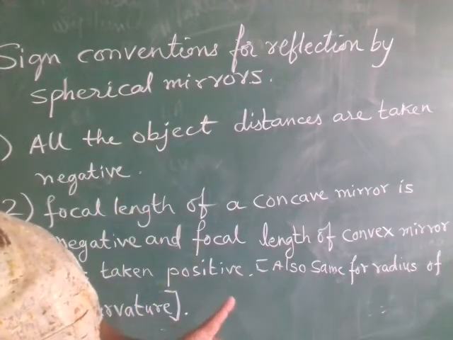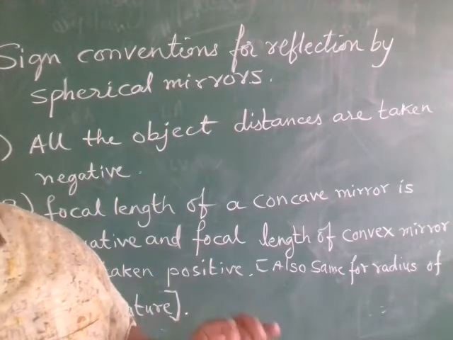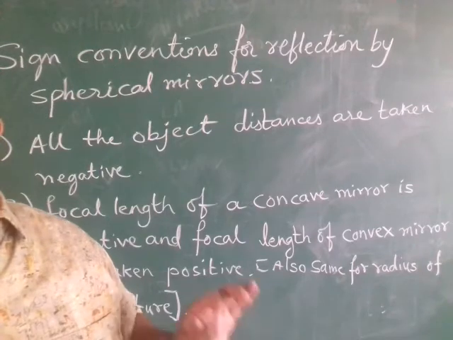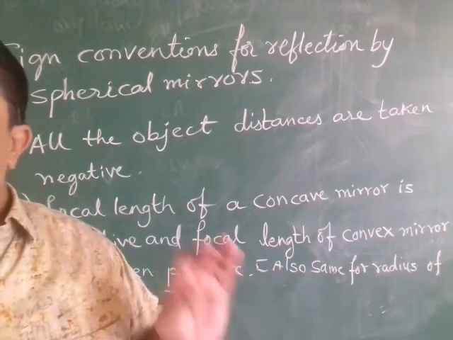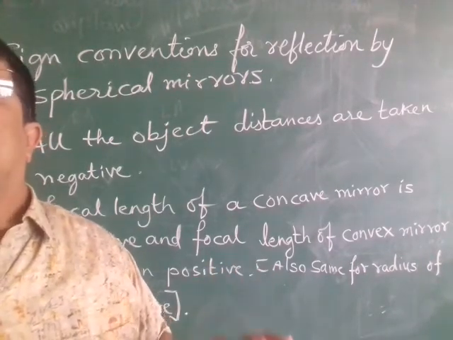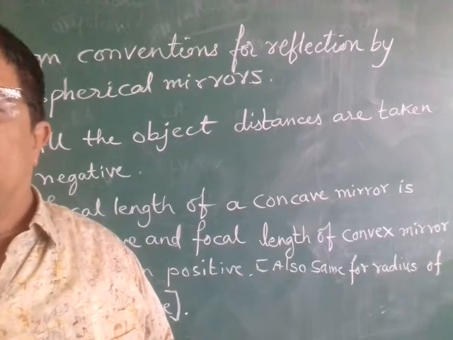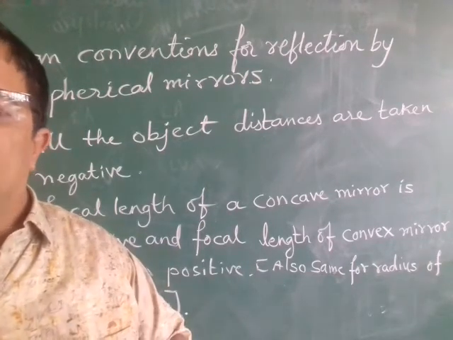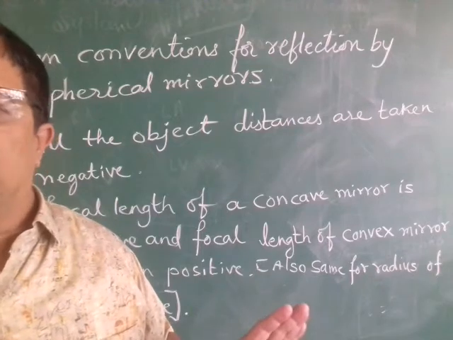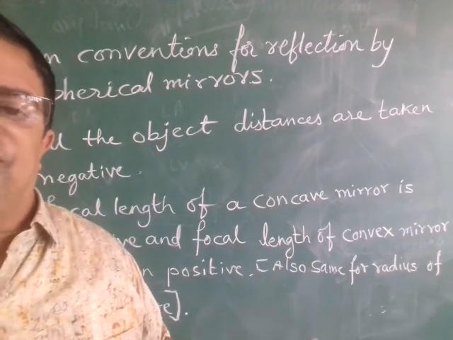The first sign convention is that all the object distances are taken negative. Remember this, all object distances are taken negative.